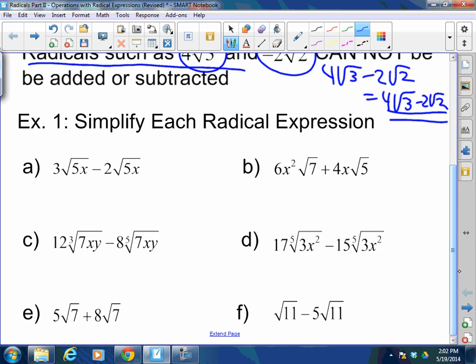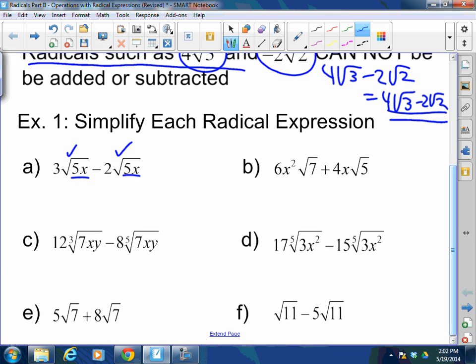Simplify each radical expression. Remember, whenever we're adding or multiplying or dividing, once we have what we were looking for, you got to simplify it if possible, my friends. So 3 square root of 5x minus 2 square root of 5x. Same index, check, check. Same radicand, check, check. These are like radicals. So now just simply keep the same radical and add the coefficients, the whole numbers.